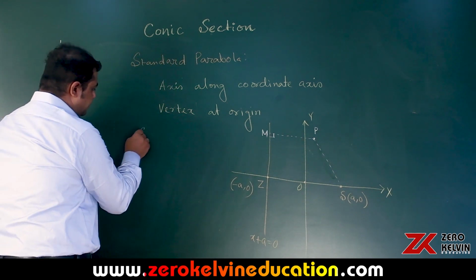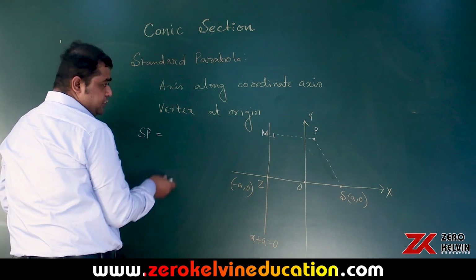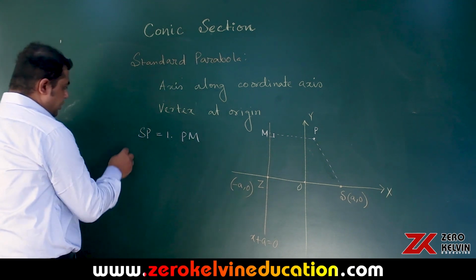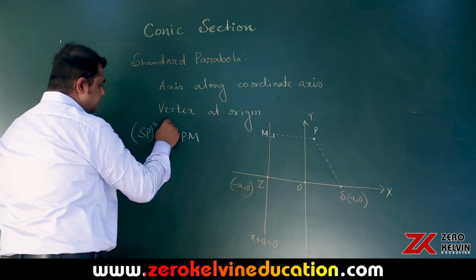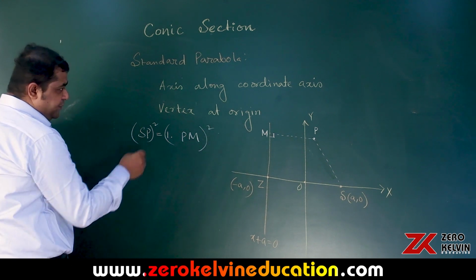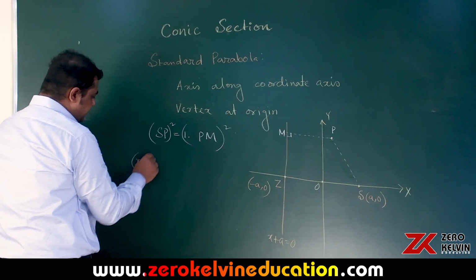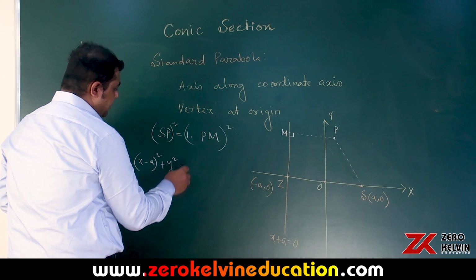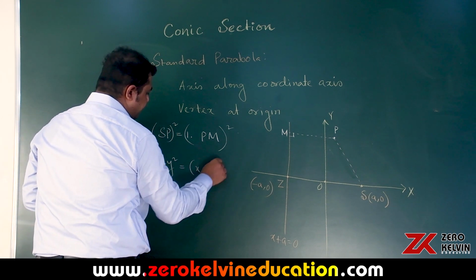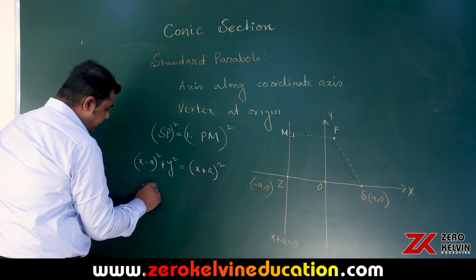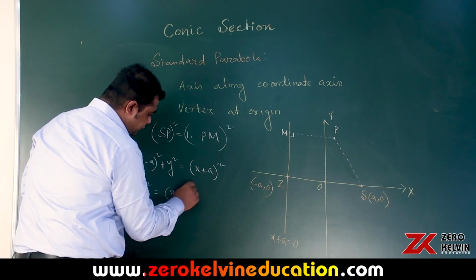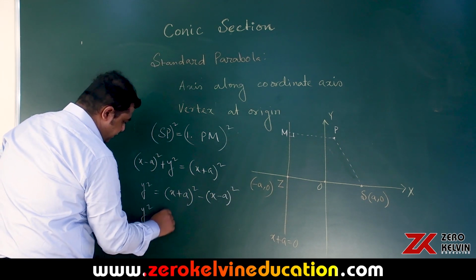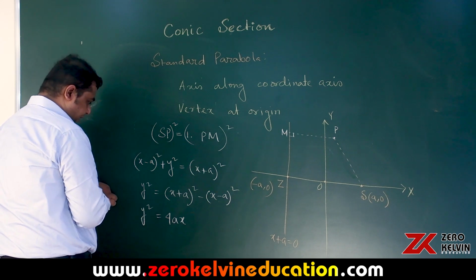So, we are going for SP equals eccentricity, which for a parabola is 1. So, it is 1 into PM, or we can even square both sides. So, SP squared is (x - a) whole squared plus y squared, and on the other side the distance PM is (x + a) whole squared, or y squared equals (x + a) whole squared minus (x - a) whole squared, generating the equation y squared equals 4ax.